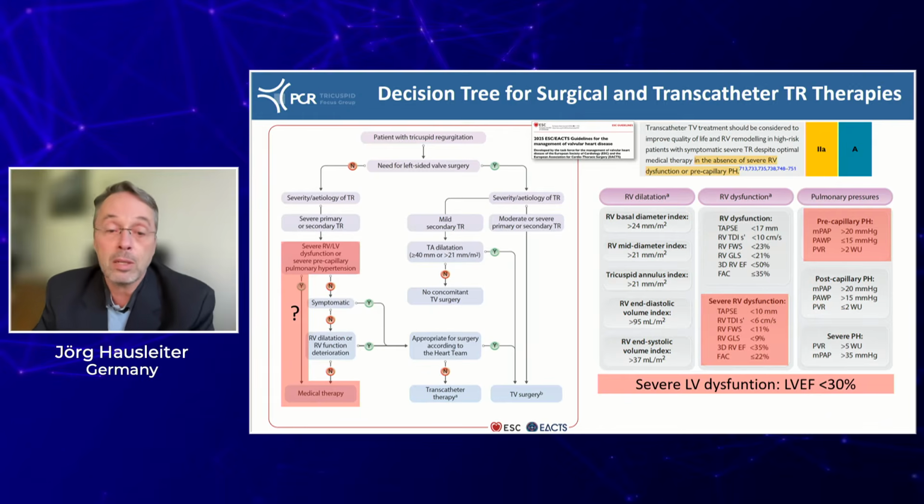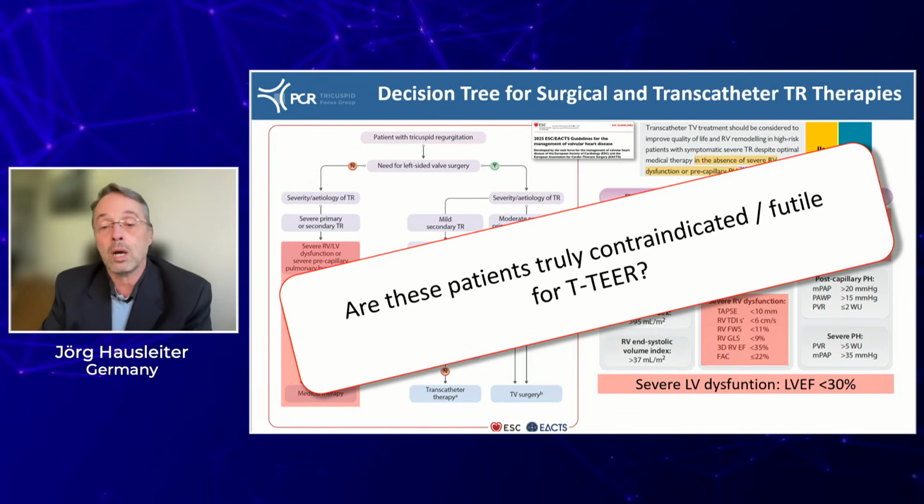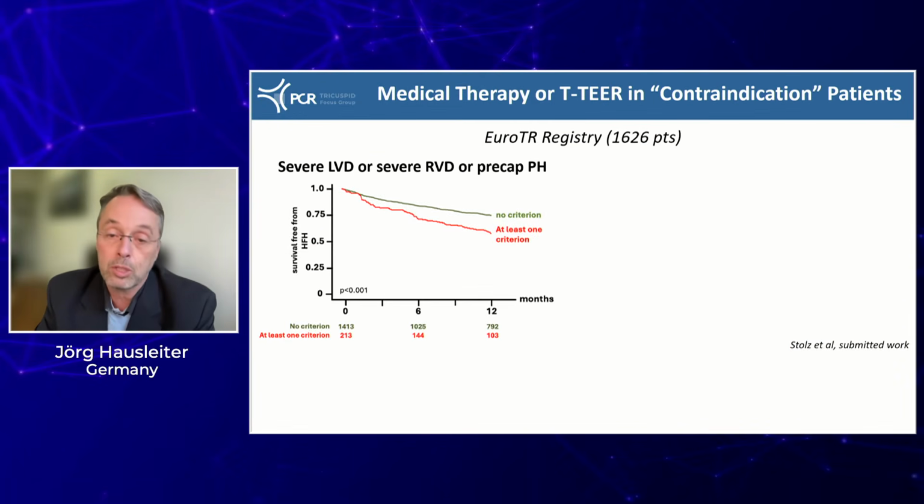How do we define this? You have already seen this table by Marta with the definition of severe right ventricular dysfunction by the various parameters. The definition of precapillary pulmonary hypertension and severe left ventricular dysfunction is probably something we do know very well, with an ejection fraction of less than 30%. Based on the absence of any data, we looked into our large EuroTR registry to really understand if such patients are truly contraindicated or considered futile for a repair procedure.